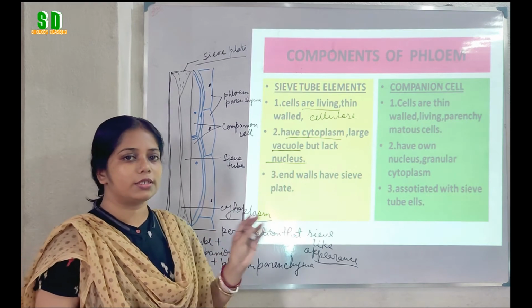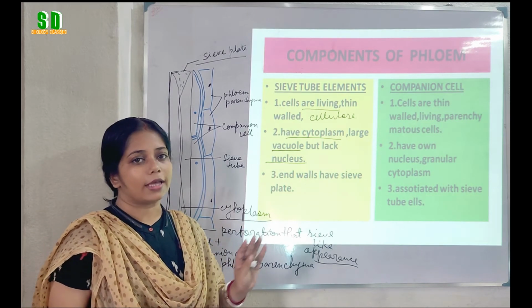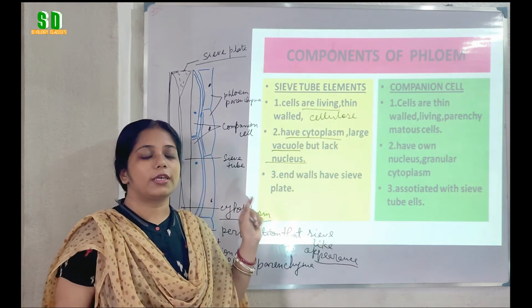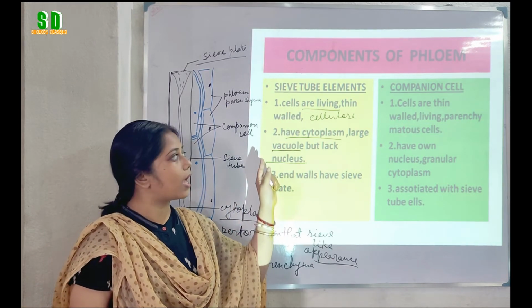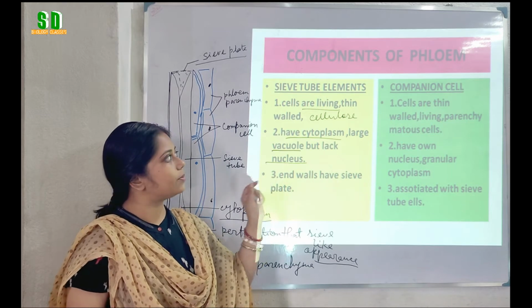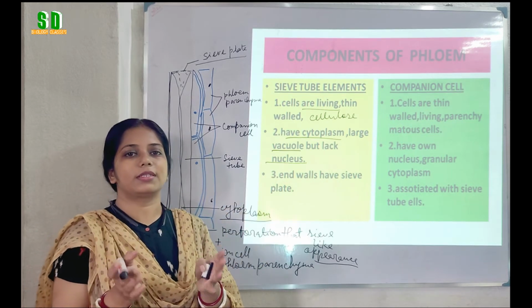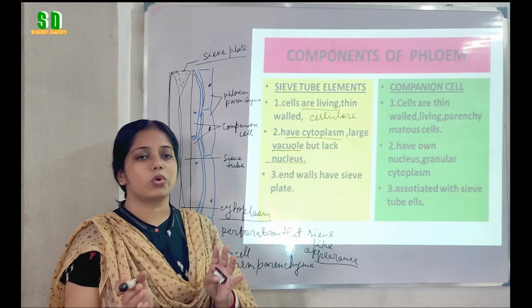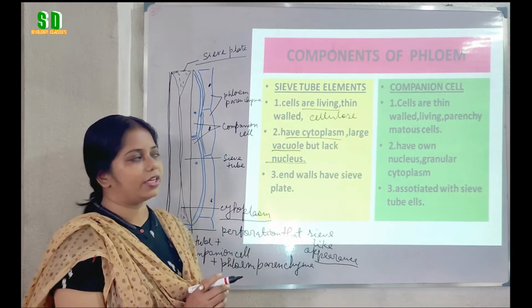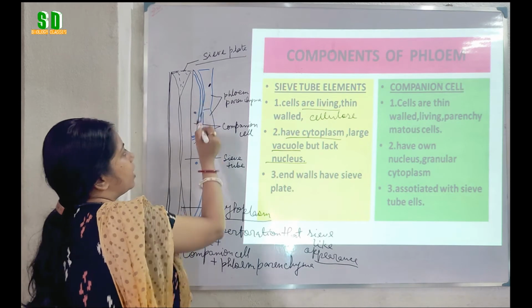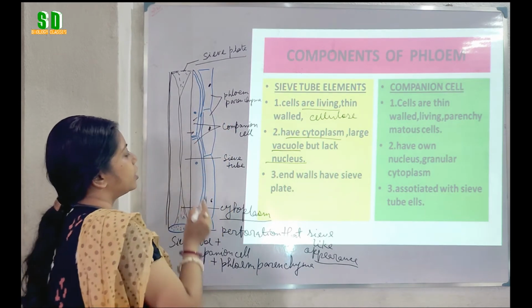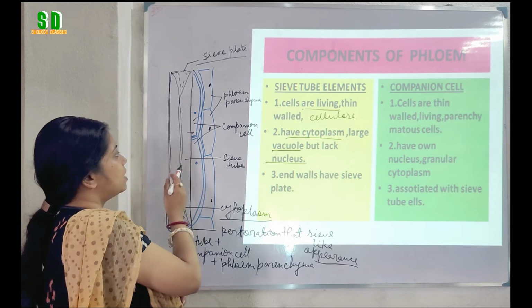But how can we distinguish the companion cell and the sieve tube element? Remember that the phloem tissue has the companion cell and also the sieve tube elements. The companion cell, as you can understand from the name, is present closely attached to the sieve tube elements. Here you can see from the diagram, these are the companion cells, situated just after the sieve tube.